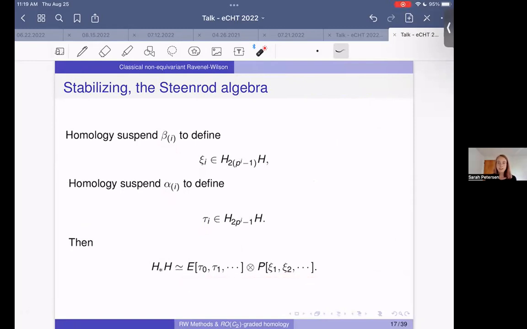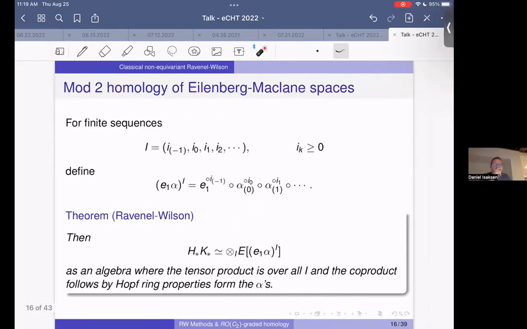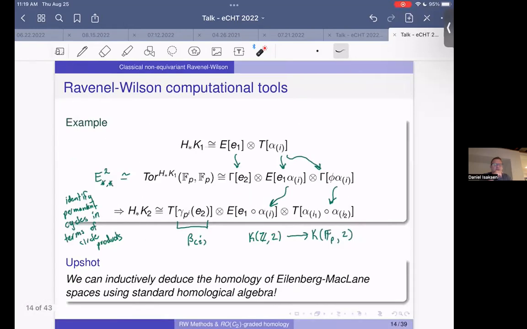So at this point, are there any questions about the non-equivariant computation? I wanted to ask something about the upshot. Yes. Can you say a little more? So you're saying that you can use these tools to compute the homology of Eilenberg-MacLane spaces using standard homological algebra. So you're not already assuming, for example, Steenrod algebra knowledge.